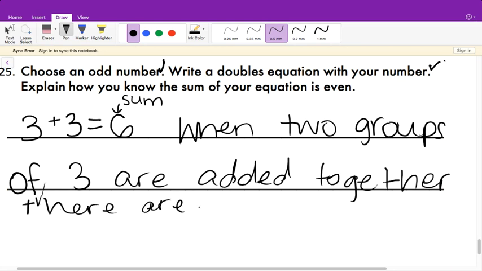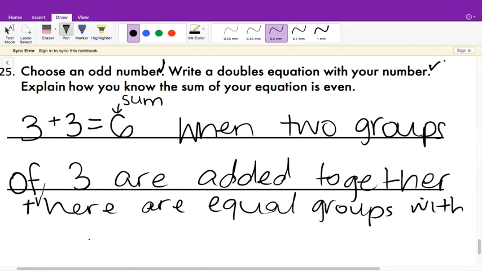You could also write that everyone has a partner.